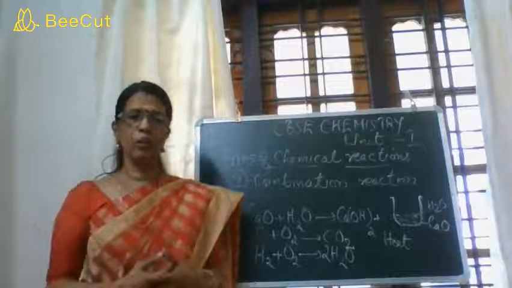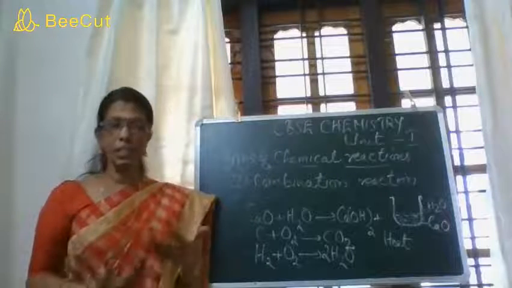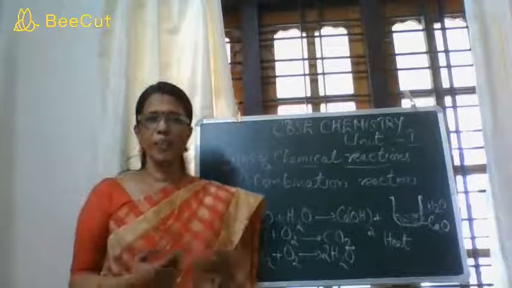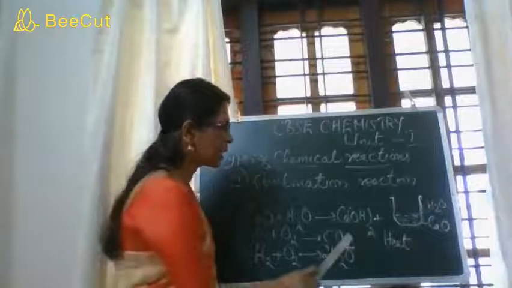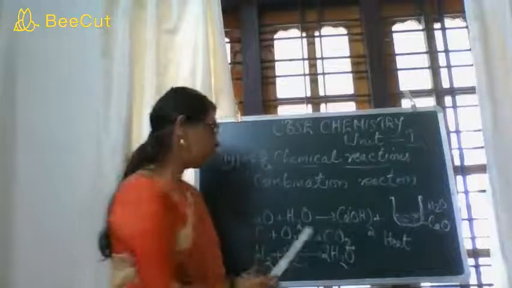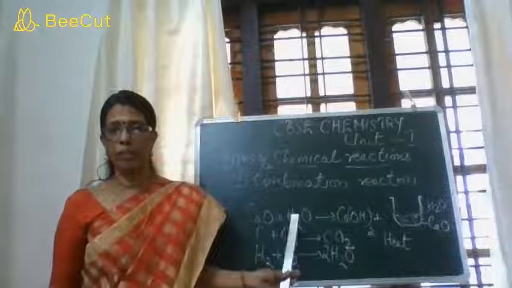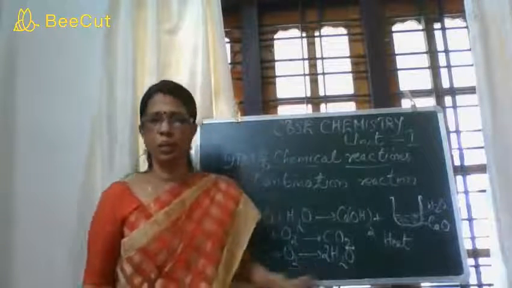And you know what an endothermic reaction is? If during a reaction heat energy is absorbed, it is called an endothermic reaction. So this is an exothermic reaction. Here I have written plus heat. This is an example. So here you can have a public exam question: what is meant by an exothermic reaction?